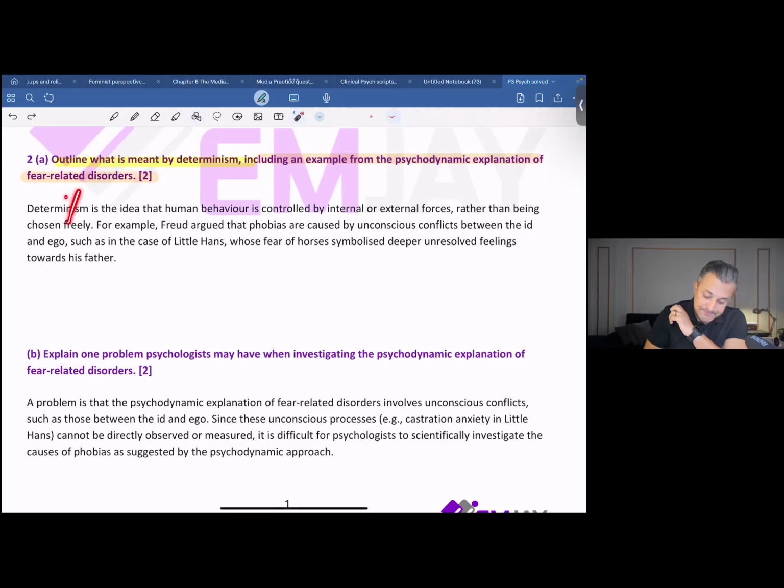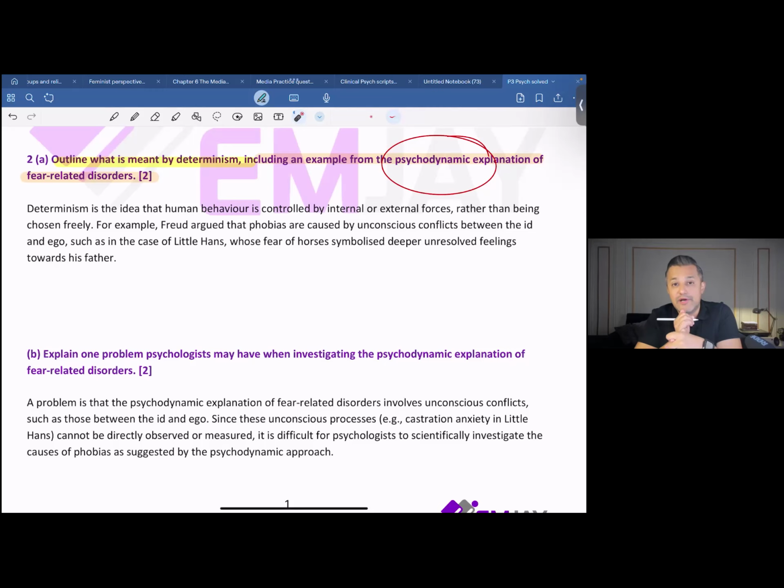Alongside that, you should be good with the explanations for anxiety and fear related disorders. And being more specific, you should be good with the psychodynamic explanation that was put forward by Freud. So it's a 2-mark question. For this 2-mark question, you are asked to outline what is determinism. That is very simple. That is something that would give you the first mark.